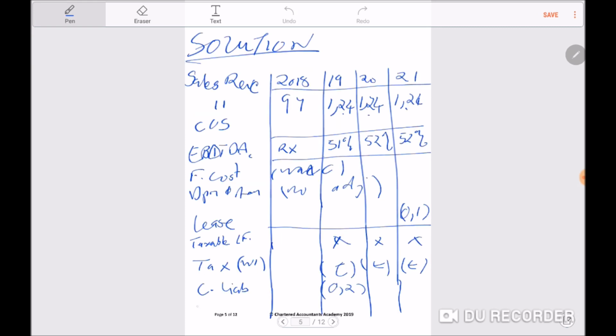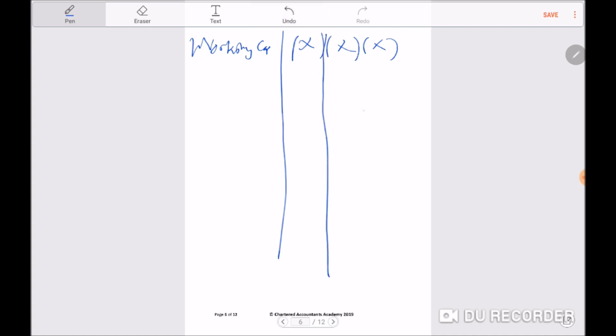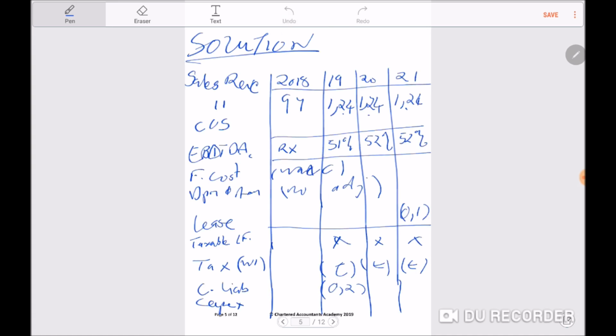So now we have our contingent liability, we have our capex, we have our, let me just go to the next page, we have our working capital, let's put the figures here.